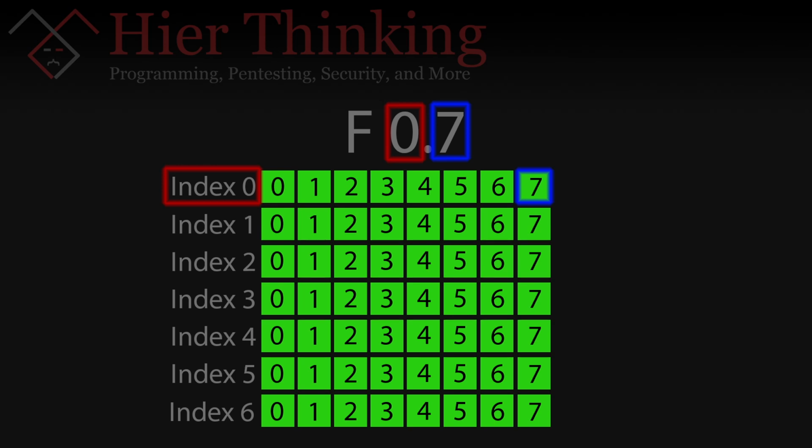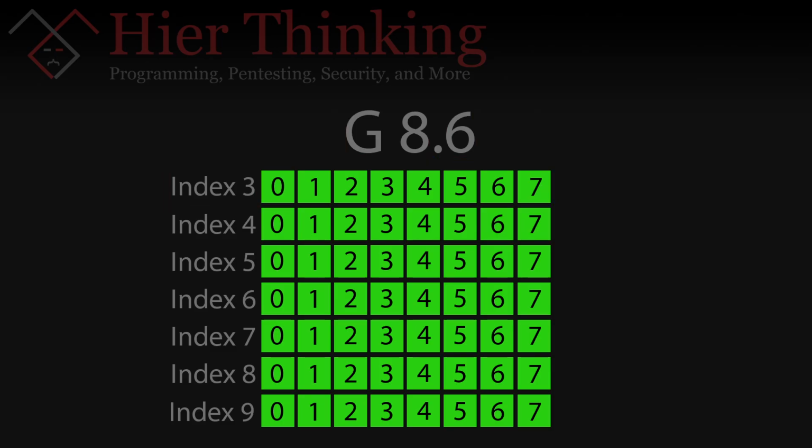In this case, our signal can be found on bit 7 of the first index. If we were looking for the reset and rewind signal, we could find that at G8.6. This would be a signal coming from the PMC and going to the CNC, which resides on bit 6 of the 8th index.